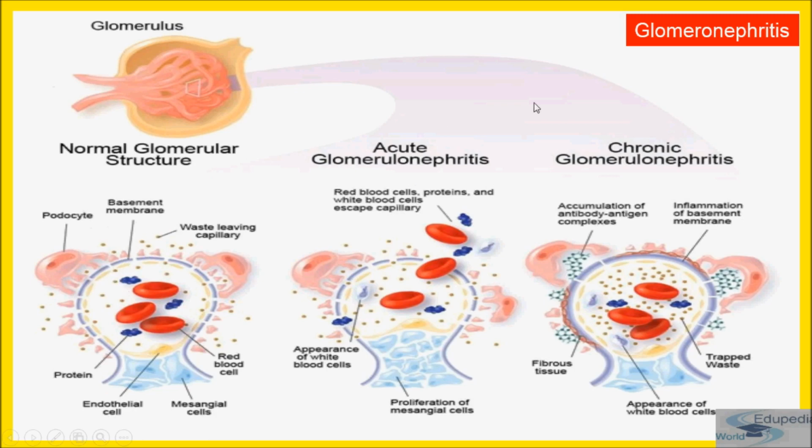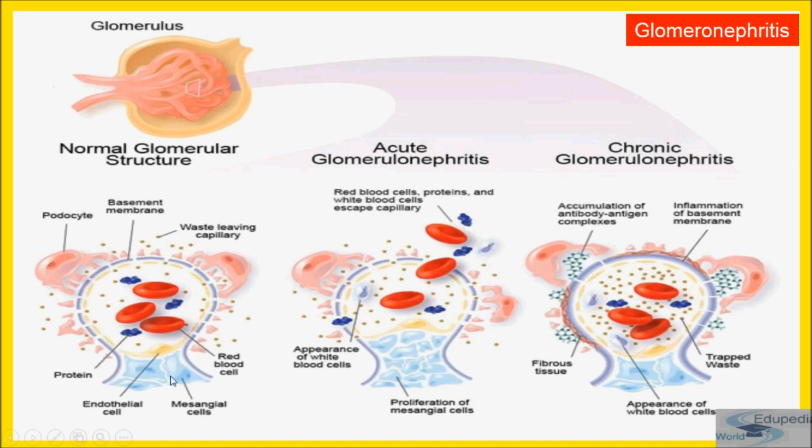And then this is the condition of acute glomerulonephritis, in which red blood cells, that is RBC, proteins, and white blood cells escape out of capillaries. They just escape out. The appearance of white blood cells is also seen here in acute glomerulonephritis.